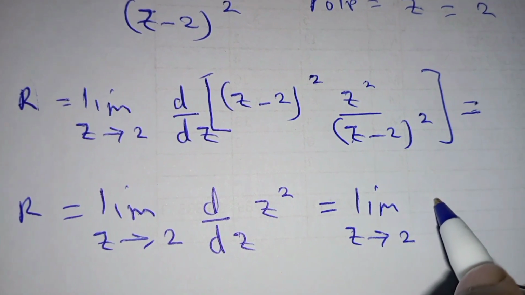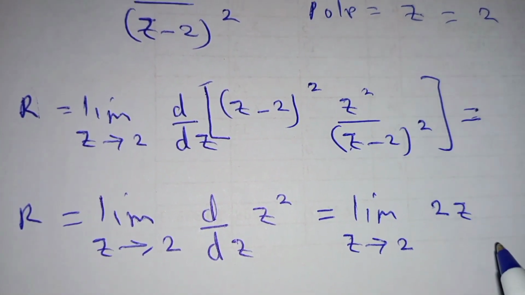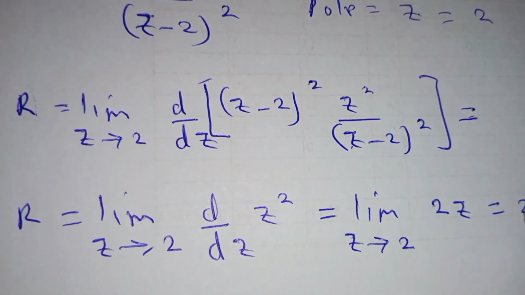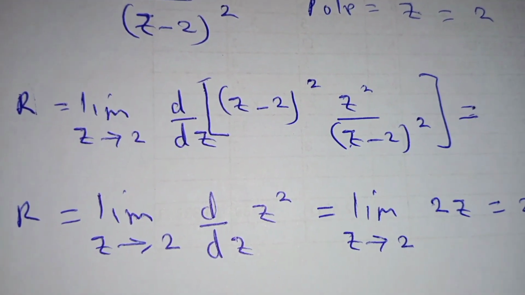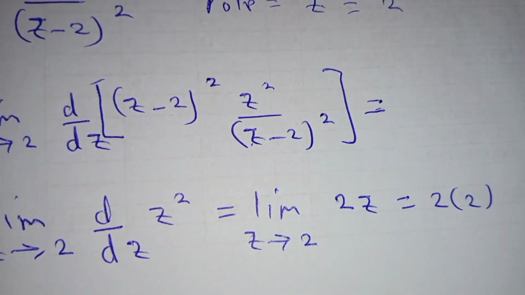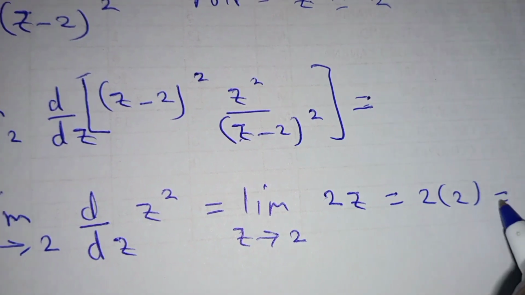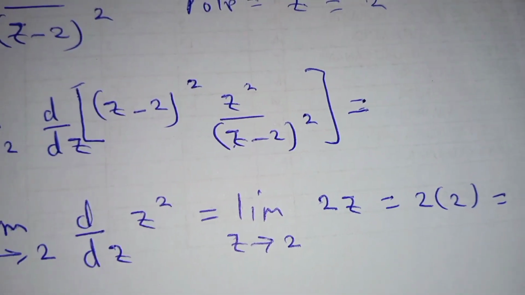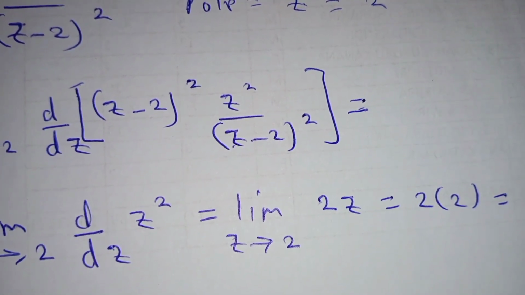When you differentiate this one, it will give you 2z, which is equal to 2 multiplied by 2, which is going to result to 4.